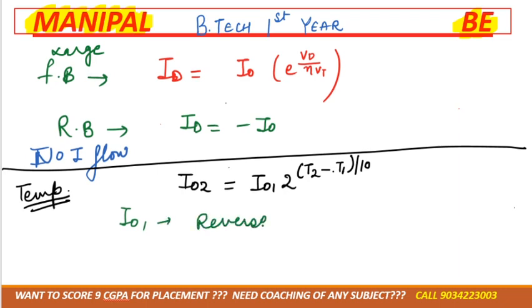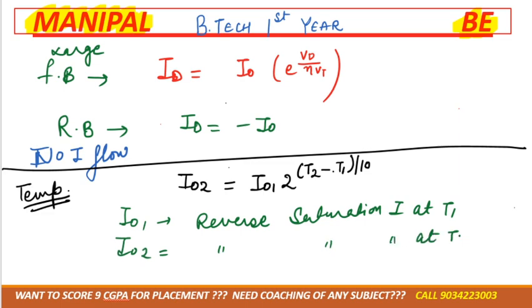That is the reverse saturation current at T1. What is I02 over here? Reverse saturation current at T2, right? So generally you have to learn this statement also, that for every 10-degree rise in temperature there is a doubling of the saturation current.